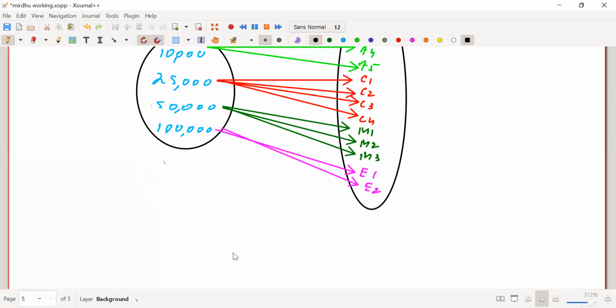Like this, you can create your own theoretical question. You have to relate everything by yourself. A pencil is 5 rupees. A scale is 5 rupees. A pen is 10 rupees. A chocolate is 10 rupees. Another chocolate is 5 rupees. Like that, you can relate different items also, and you can create your own sum.